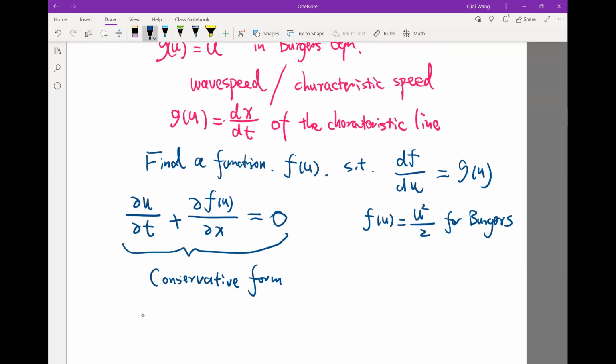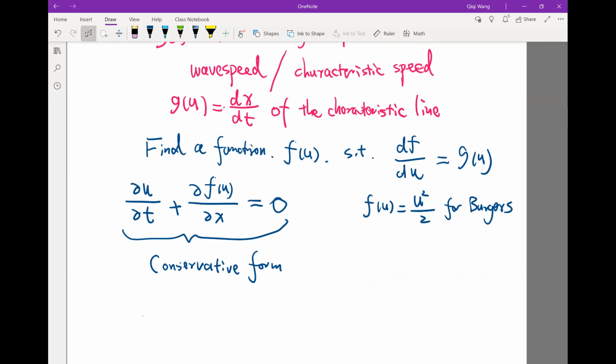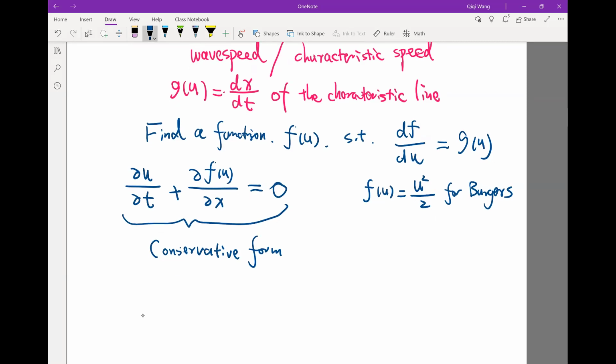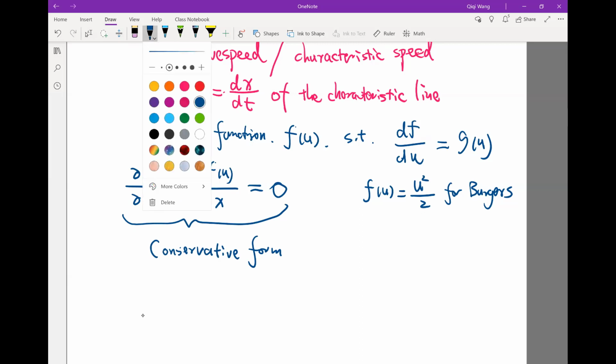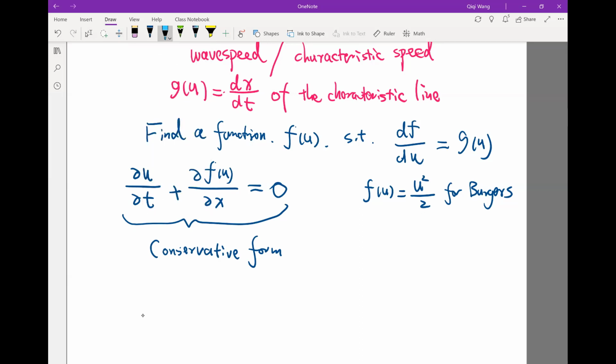Okay, so if you didn't understand what I was describing, don't worry, it's not that important. What's important is that f of u would describe the flux, the amount of conserved material that passes through a certain point per unit amount of time. And if the differential equation can be written in such a way, then you can start working out the integral form.